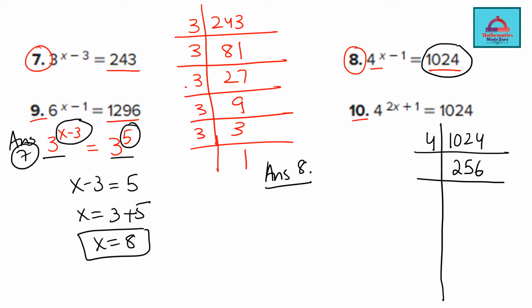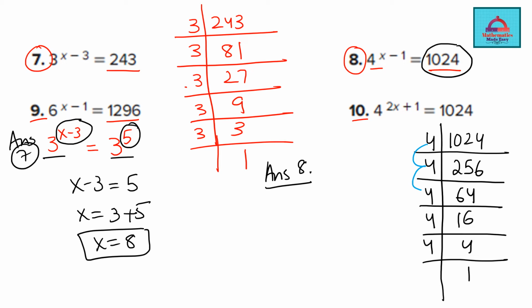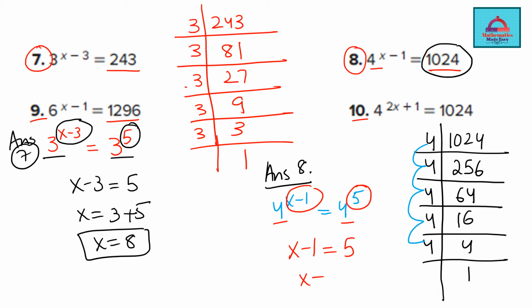Again you divide by 4, it is 64, again by 4 it is 16, again by 4 it is 1. So if you count how many times, 1, 2, 3, 4, 5. So 4 to the power x minus 1 is 4 to the power 5. Now the bases are the same, both are 4, so the powers are also the same. So x minus 1 equal to 5, or x equal to 5 plus 1, which is 6. So x equal to 6 is the final answer for question 8.